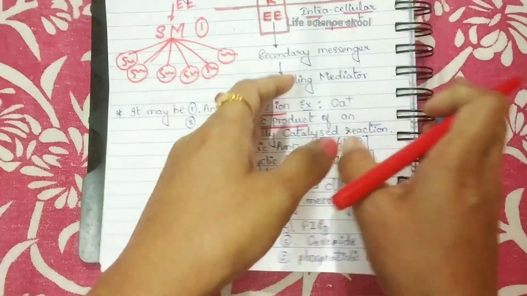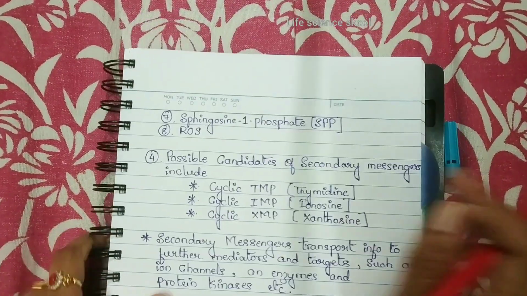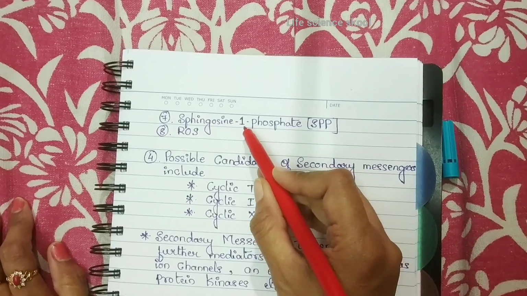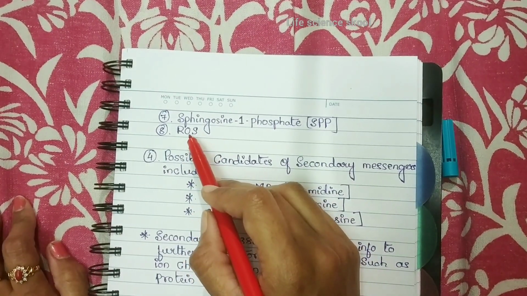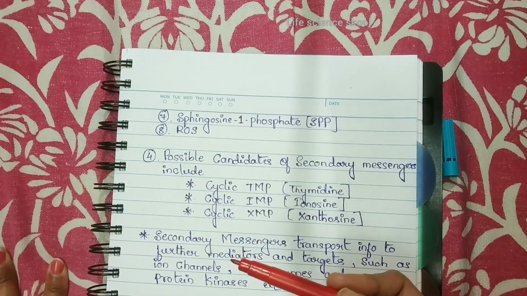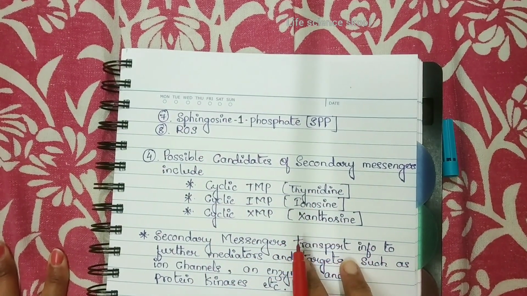And we have some more examples here: sphingosine 1-phosphate, that is S1P, and ROS, meaning reactive oxygen species. These are also examples of secondary messengers.